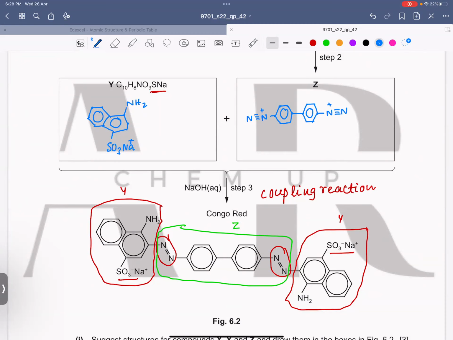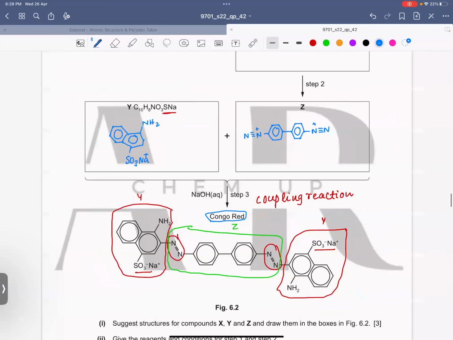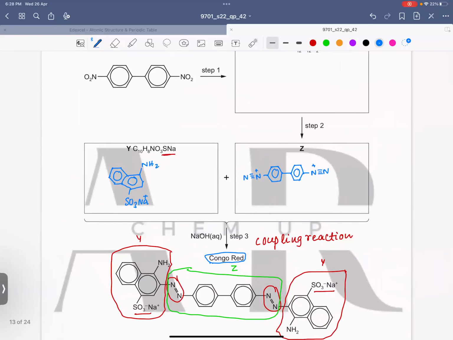So this would be Z. The actual product helps me identify what Y and Z are. Is this understandable to everyone? Yes, sir.